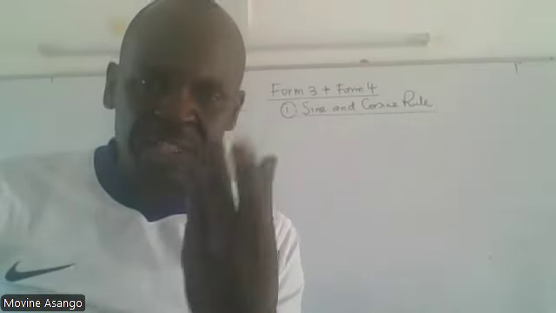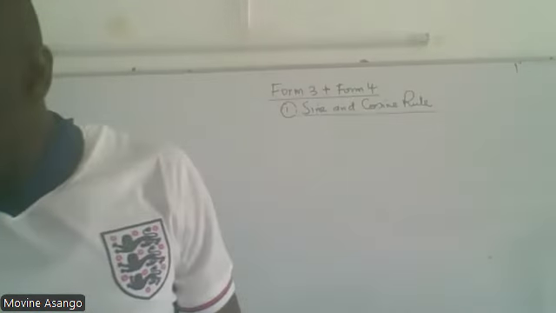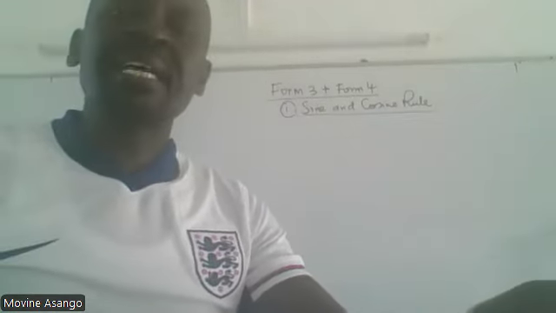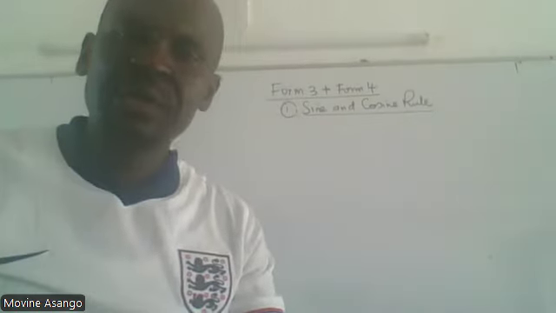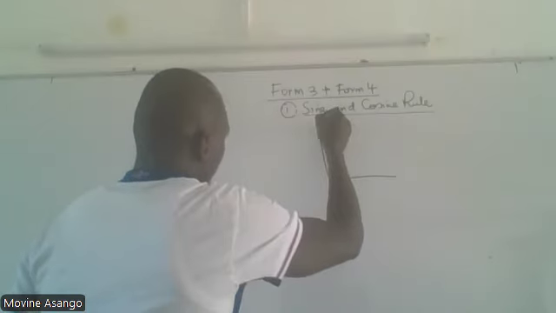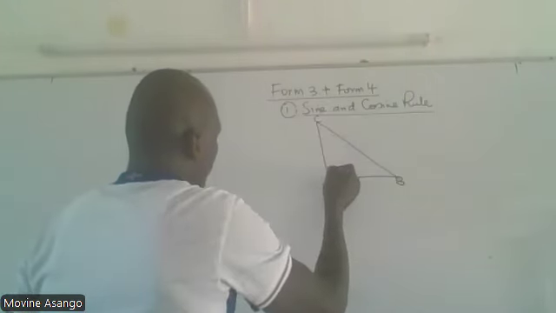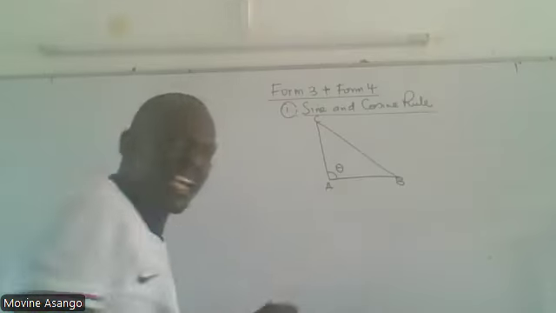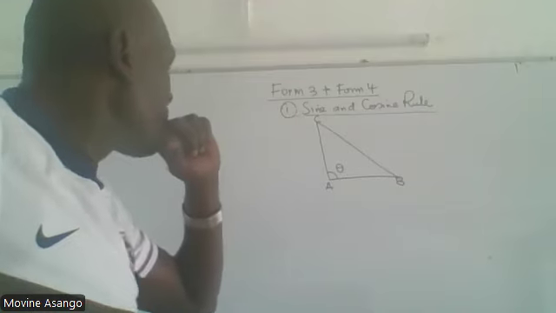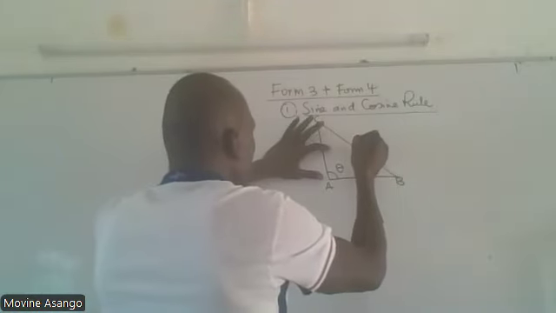Another point to pay attention to is angles that are greater than 90. We call them obtuse angles. If theta is more than 90, you are calculating. For example, you are given the length, for example, you are told this is 21 centimeters.